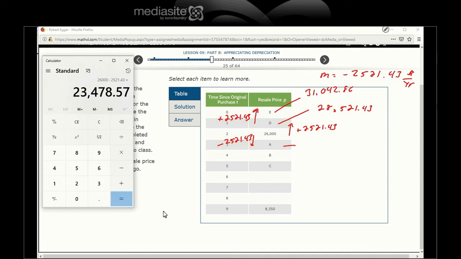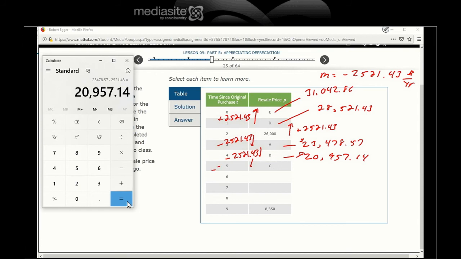So he should now, a year later, be only worth 23,478.57, and so forth. Do another subtraction. Minus 2,521.43 is 20,957.14.